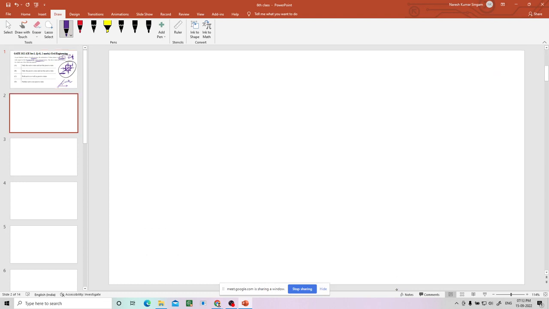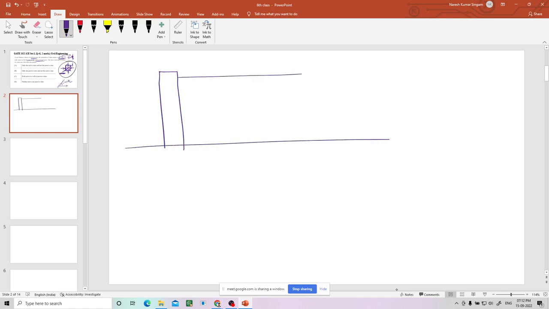So now let me draw a retaining wall. Let us say this is the retaining wall, this is earth material. So what happens with this earth material?